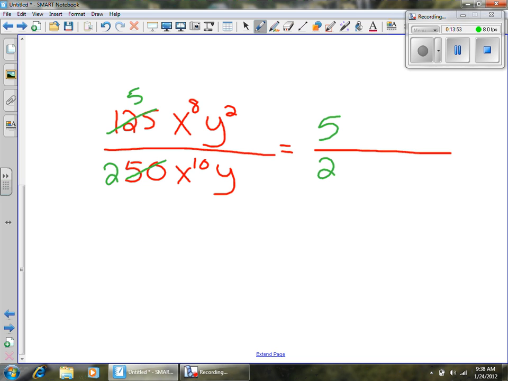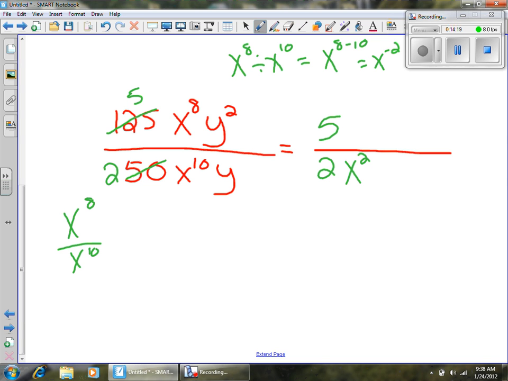Now I have x to the 8th divided by x to the 10th, which is the same as x to the 8 minus 10, which is x to the negative second. But the negative exponent tells me to send them downstairs. So this will become an x to the second downstairs. If you don't like that explanation, then feel free to do x to the 8th over x to the 10th.